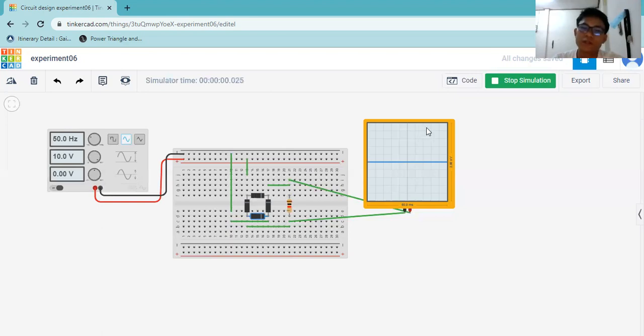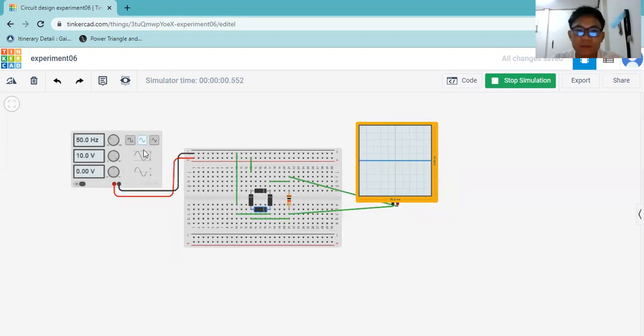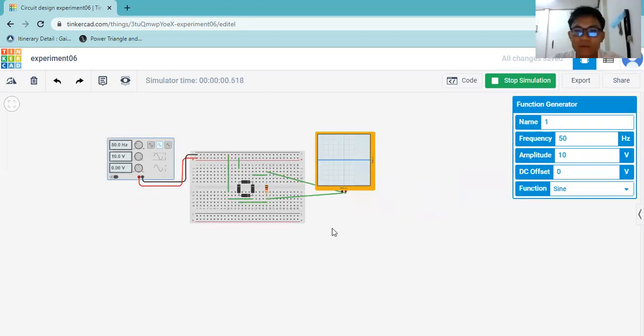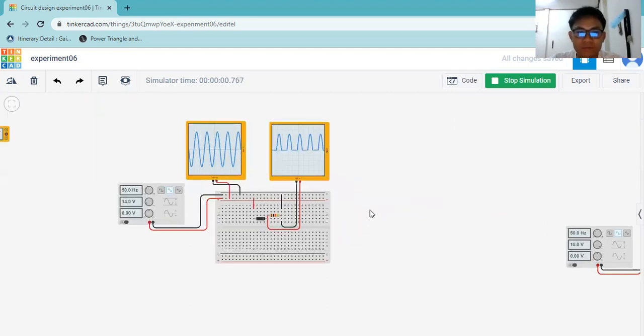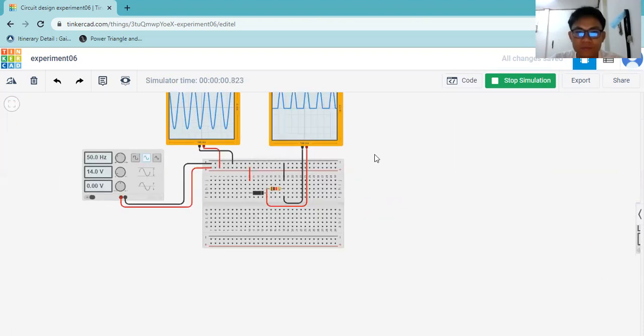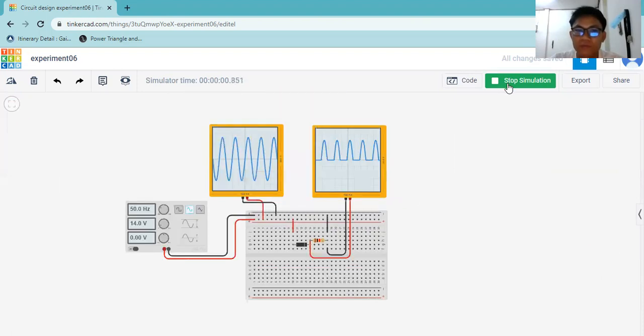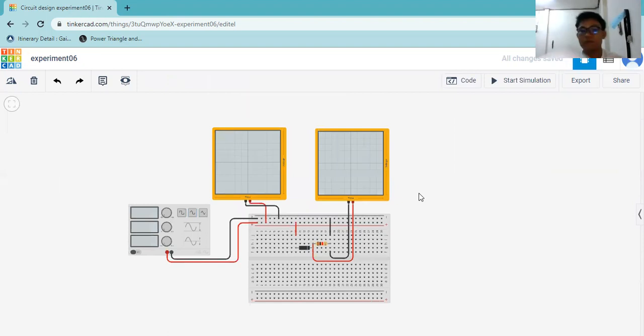So yes, by the way, this is the result of the experiment of the part 4 of this experiment. This is for part number 3.